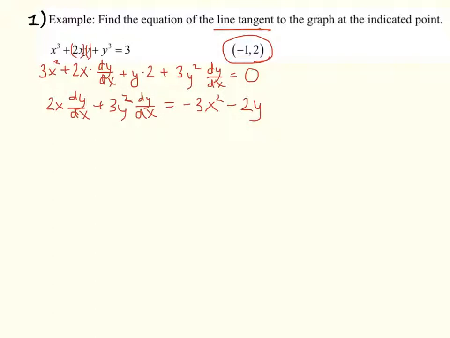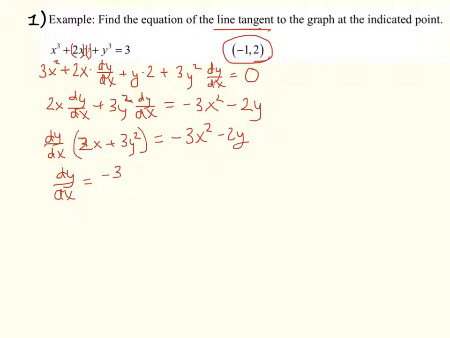Alright, so dy/dx gets factored out. And some of this you're going to start doing in your head, these next two steps. So dy/dx gets factored out and we're left with 2x plus 3y squared is equal to negative 3x squared minus 2y. And then you're going to divide that over. So dy/dx equals negative 3x squared minus 2y all over 2x plus 3y squared.